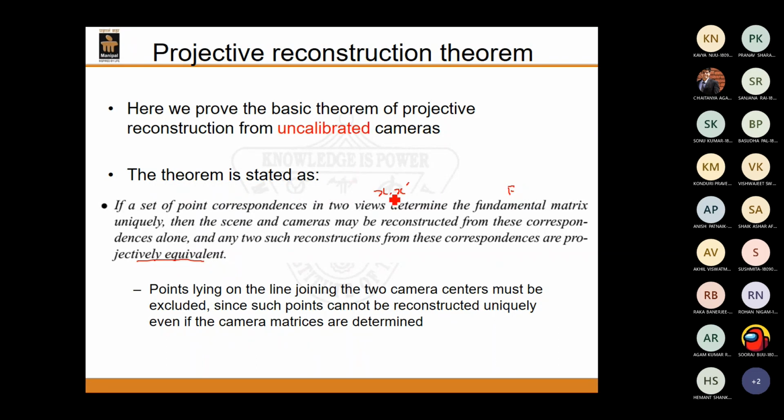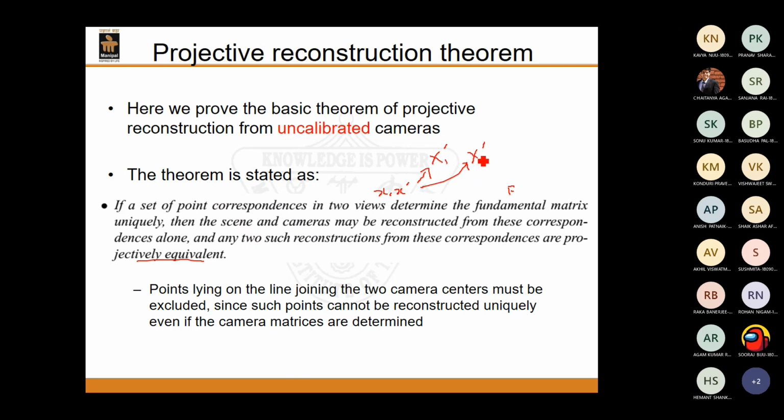What the theorem states is that if you are considering two image point pairs, X, X dash, from which we have also determined the fundamental matrix, then from this we can reconstruct a scene. Let's say I reconstruct one scene x1 dash, and I can also reconstruct another scene x2 dash.